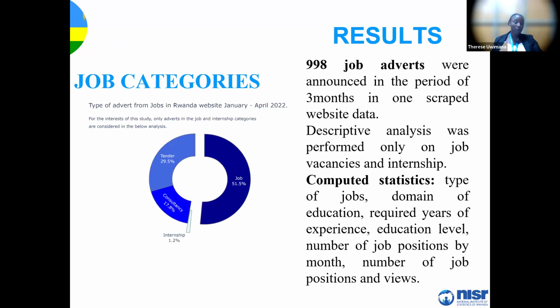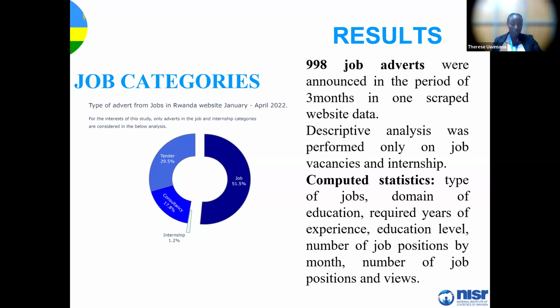During our pilot on the web scraping, we managed to harvest almost 1,000 job adverts in only 3 months, and we could compute some statistics. For instance, what type of jobs are available and which domains of education are required.